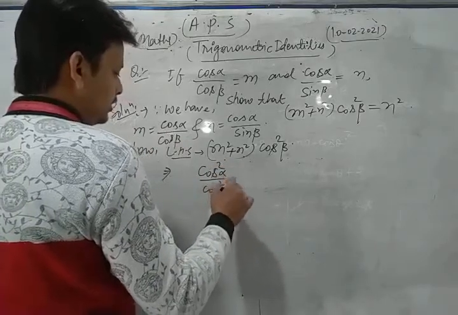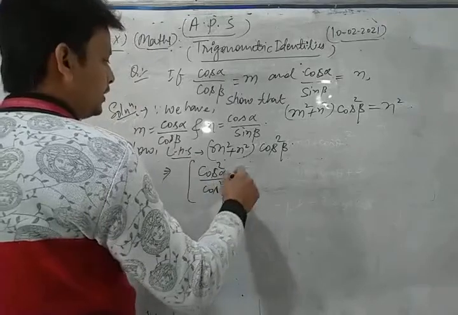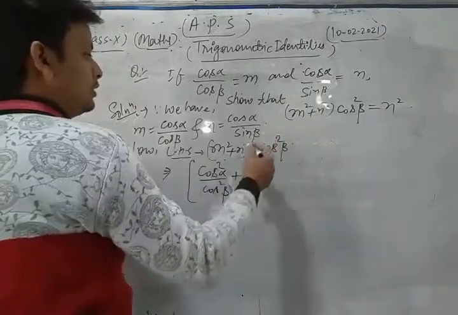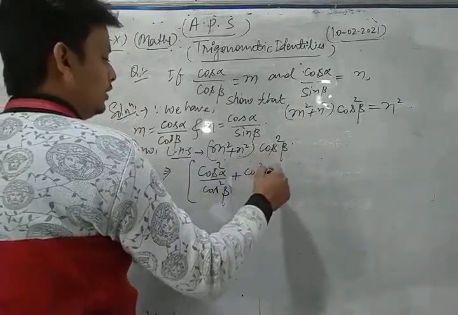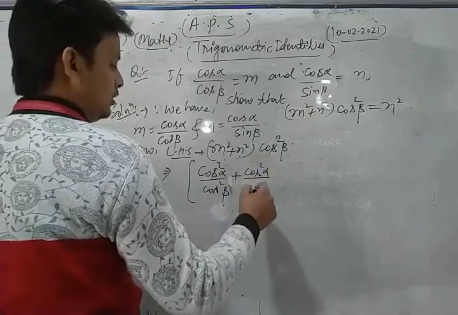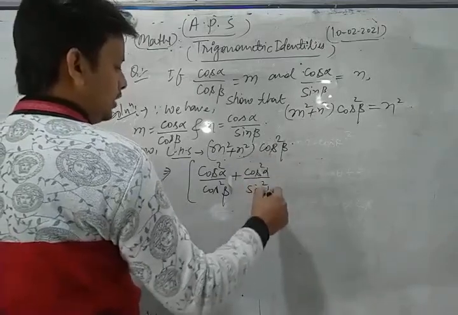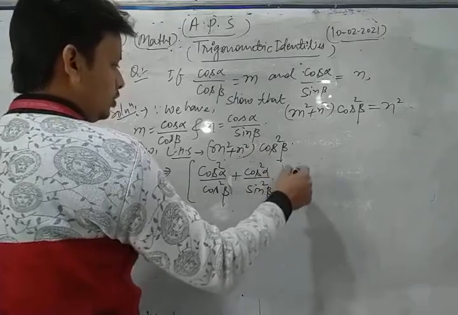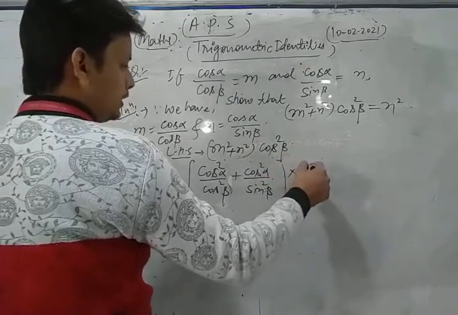Write it in this way, and plus n square. The value of n square is cos square alpha upon sin square beta. Now into cos square beta, we write cos square beta as it is.